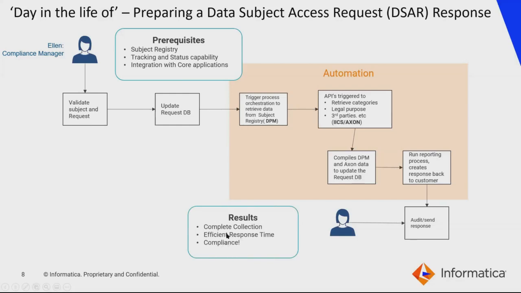The result is hopefully a complete collection. So all the information, what it's being used for, when it was collected, we need to report that back to the requester. We want to have an efficient and compliant response time. And so yes, be in compliance, be able to show our capability in this area, and be able to repeat it.